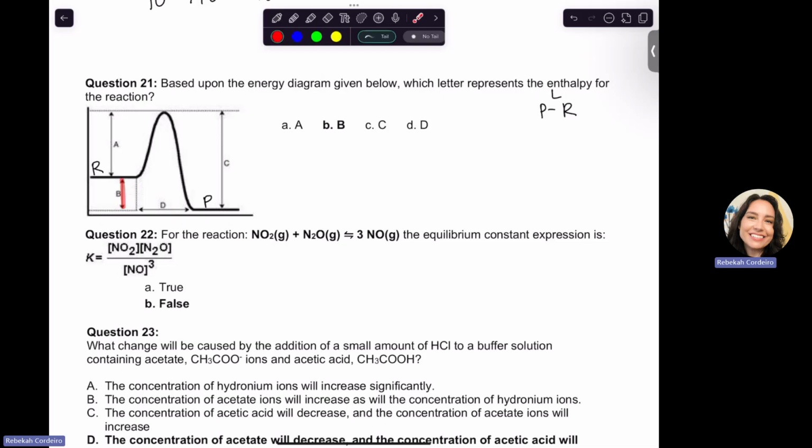What is A? A is the activation energy of the forward reaction.